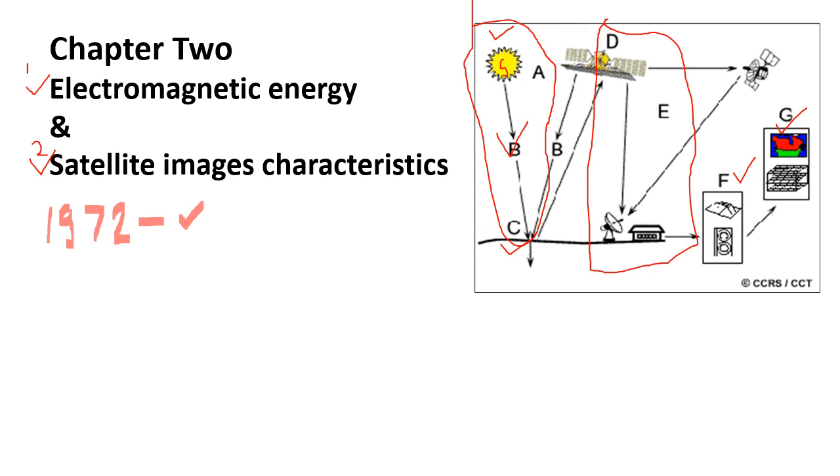So the image quality in 1972 and now has a lot of difference. As we know that in communication also, earlier it was only 1G, now it's 5G.